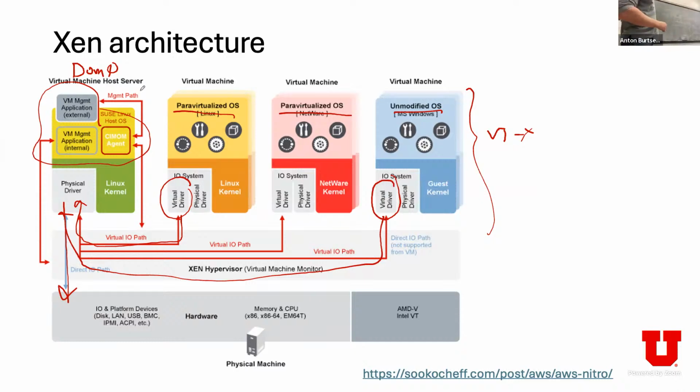Because if you don't have zero copy, then you might be copying from here to the kernel, then from this kernel to the kernel of a disk driver, from the disk driver to this disk driver, and then finally a DMA to the disk, right? So it's kind of longer. So there are non-trivial performance overheads, right? So if you wanted security, it was probably possible, but not ideal, right?